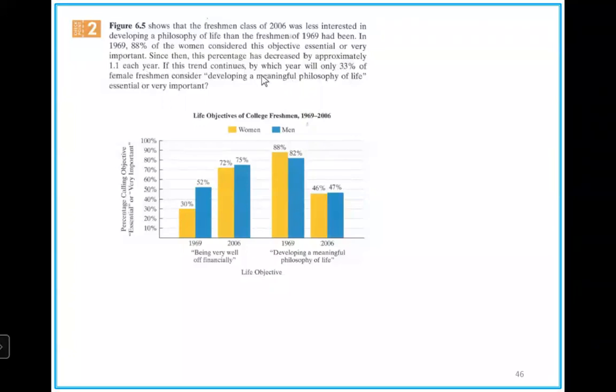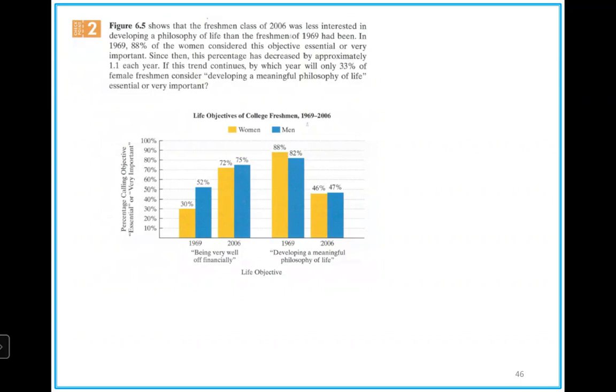So looking at our starting point, what year? 1969. For women, what was the percentage at that time? 88%. And what's happening each year? Is it going up or going down? Going down. And what is the rate at which it's going down? 1.1.